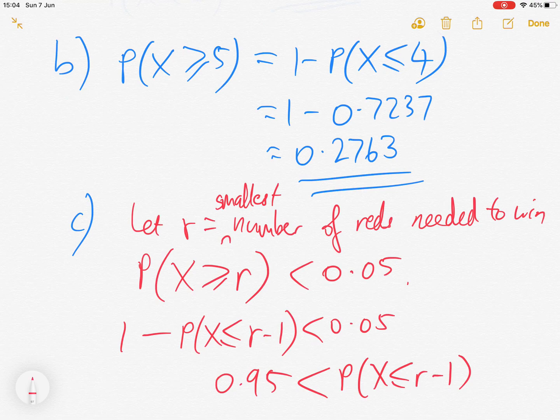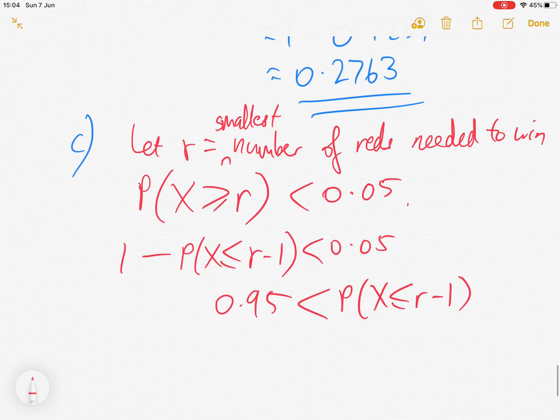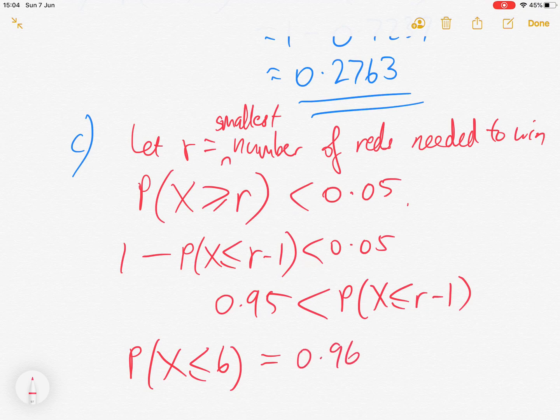So if we go to the particular column in the table, and we're looking for the first value that's more than 0.95, we can see that's going to be 6. Because we can see from the table, the first one, we have probability X is less or equal than 6, is 0.9614.